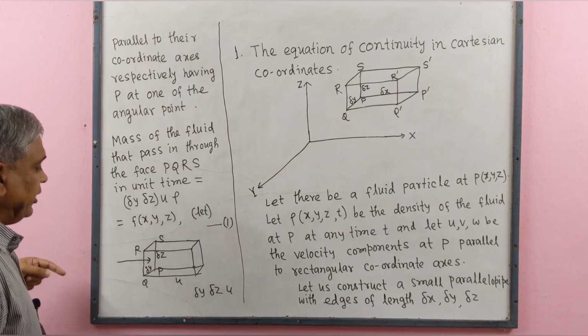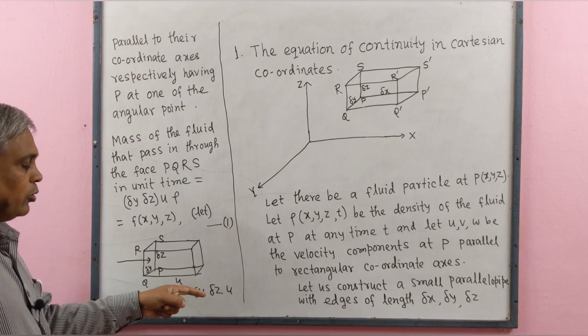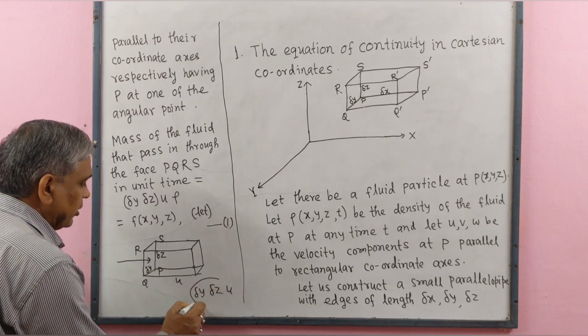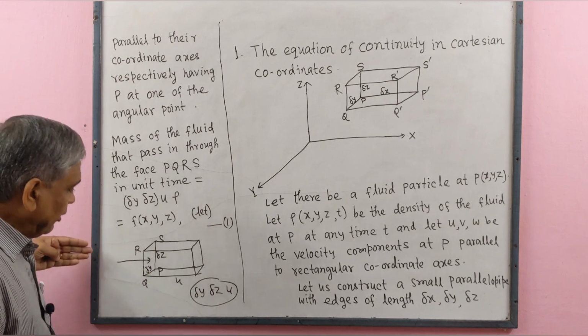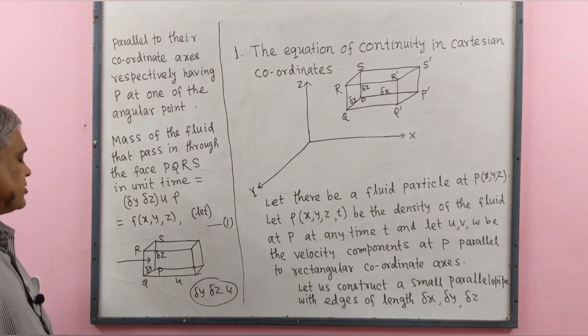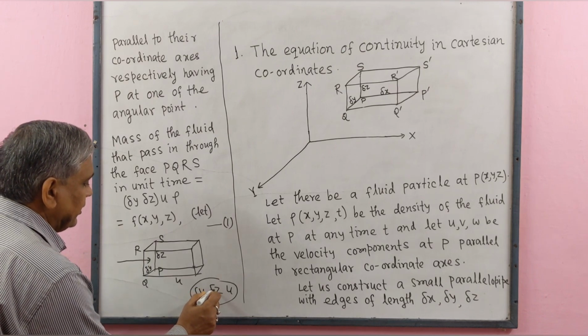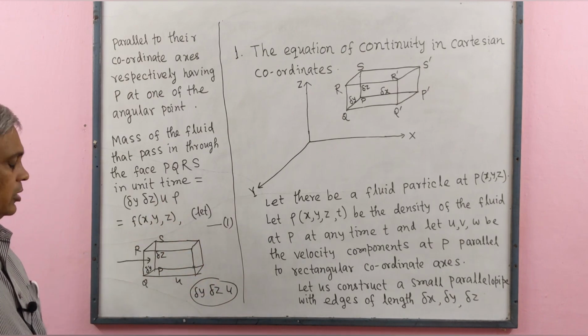That means in unit time the volume of the fluid along the x direction is delta y delta z u.